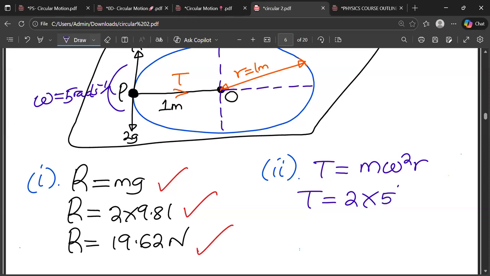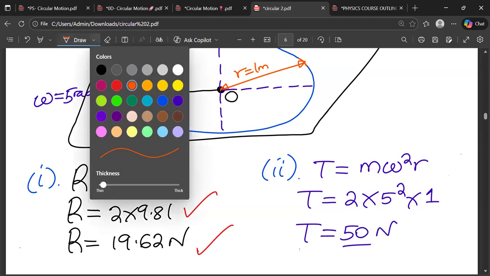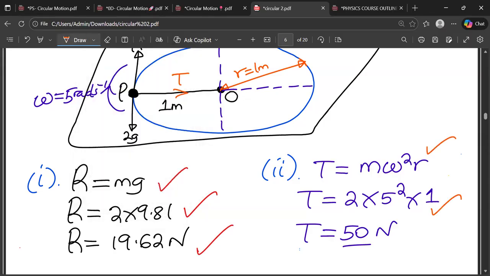Some of you come and put there 25. You will fail. Put 5 squared, not 25. My radius is 1. So I get my tension, which is also a force, in newtons.